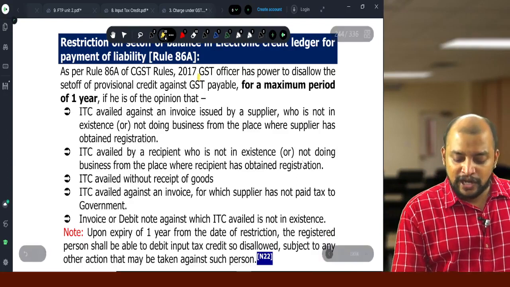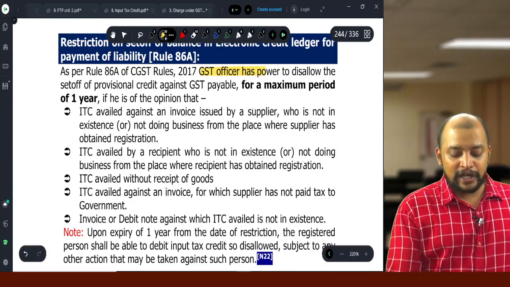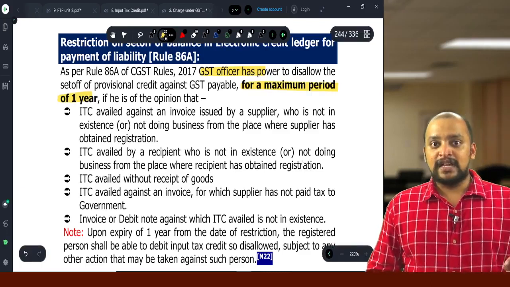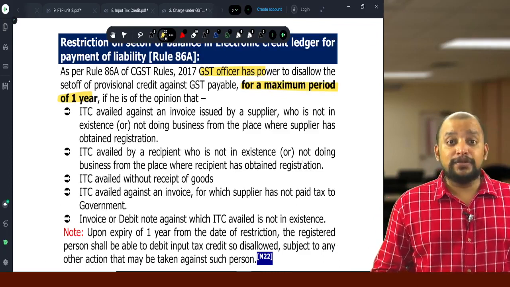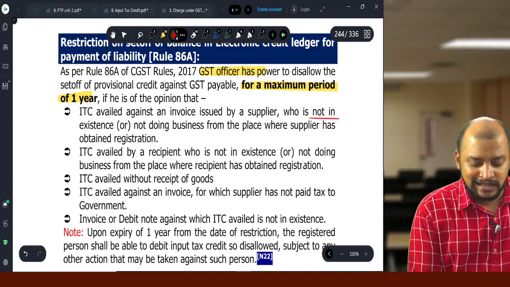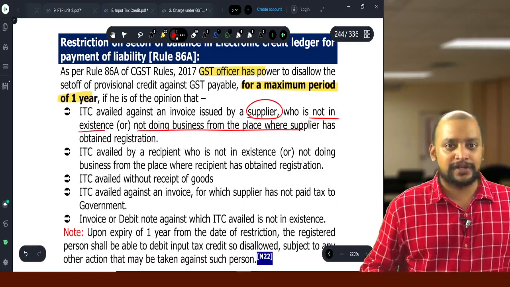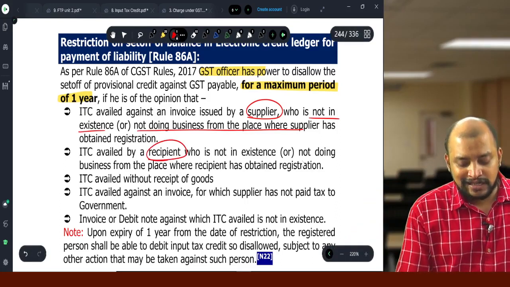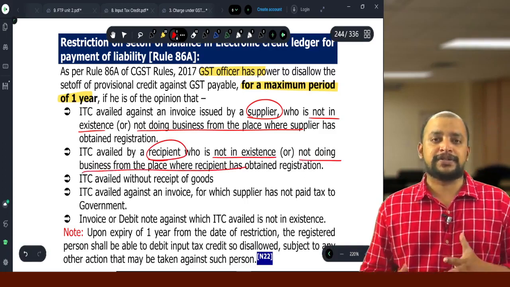And the GST officer has power to disallow the set off of credit for a maximum period of 1 year if we have availed ITC and the supplier who issued the invoice is missing, or the supplier is not in existence or not doing business from the place where they have obtained registration, or the recipient who availed ITC is not in existence or not doing business from the place where they have obtained registration.